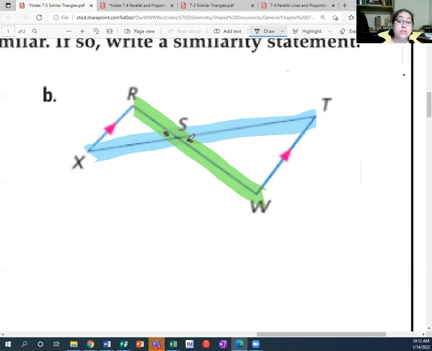In chapter 2, we saw a hint of it. And we started using it when we got into chapter 4, when we were talking about triangles. And this is this idea that these vertical angles are always congruent. And so I can state right now that angle RSX is congruent to angle WST.